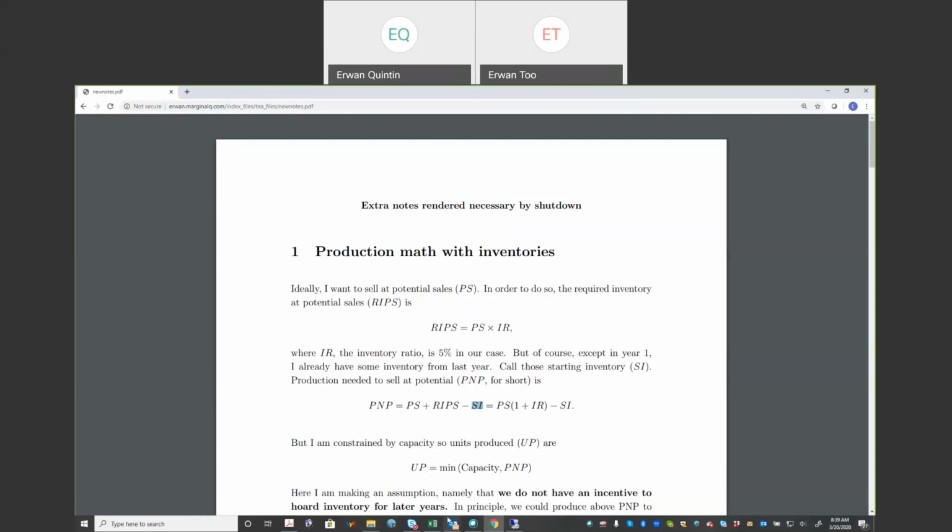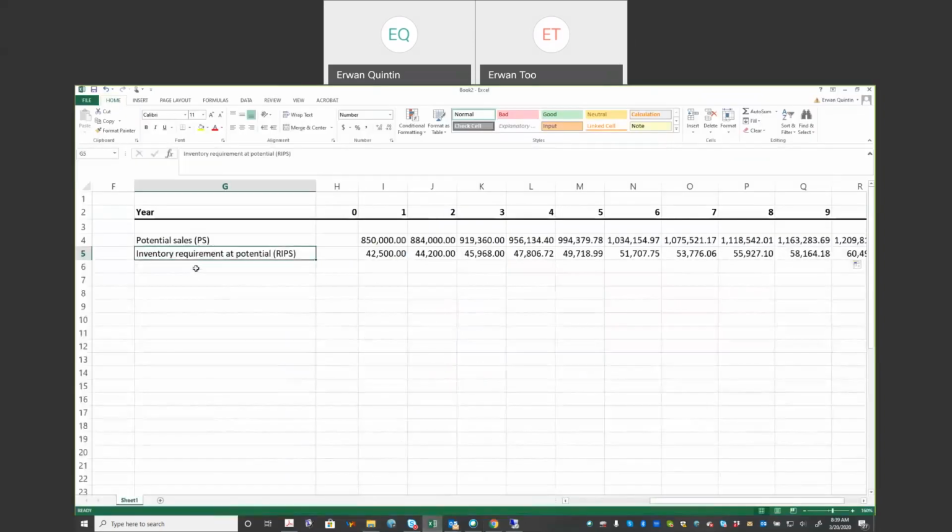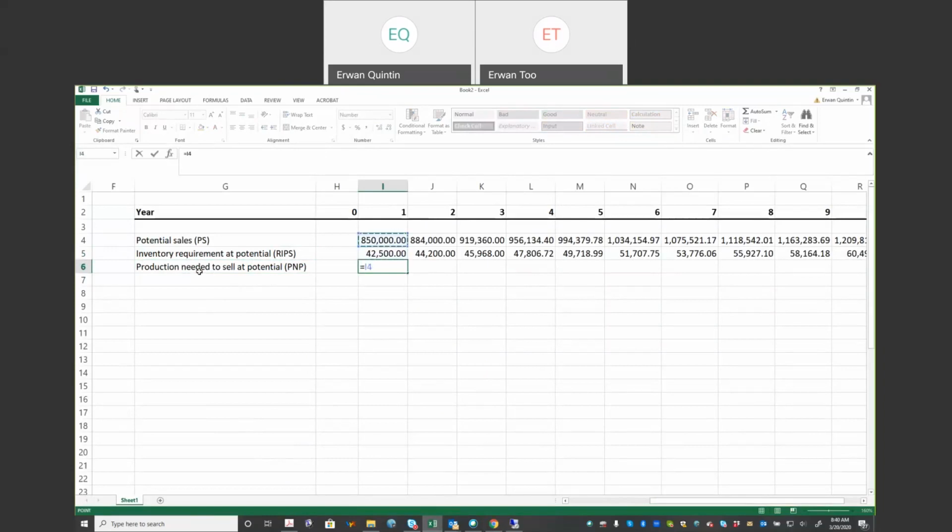So going back to my Excel, if I want to calculate production needed to sell at potential, and I'm going to call that P, P is always going to be potential sales plus required inventory at potential sale, and then a minus starting inventory.